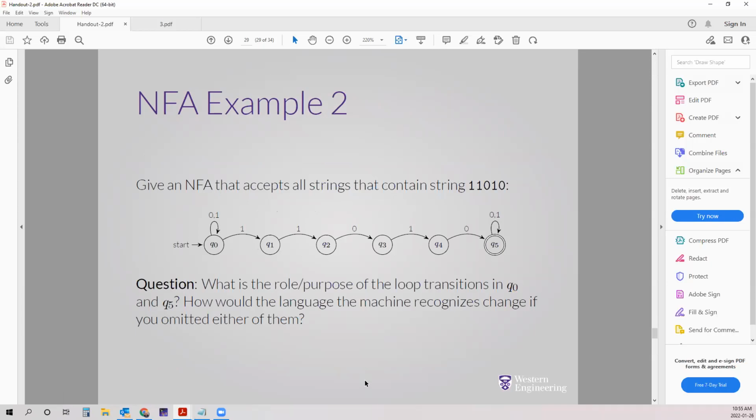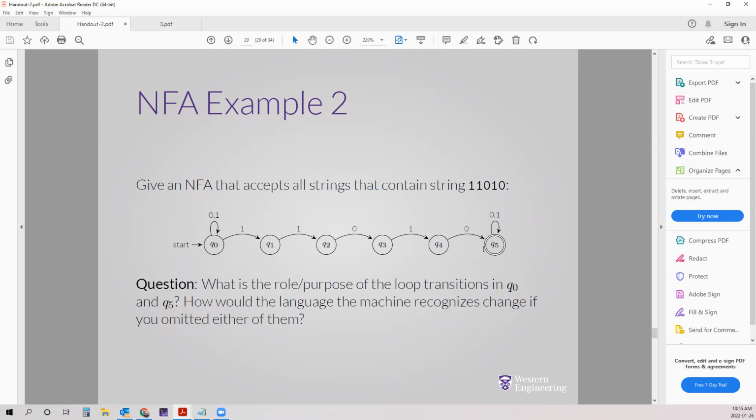Okay, given an NFA that accepts all strings that contain the substring 11010, whether at the left side, the end, or in between, wherever it contains. Here we'll do: at Q0, on 0 or 1, I'll stay, then 1, 1, 0, 1, 0, and end, or whatever I receive here.